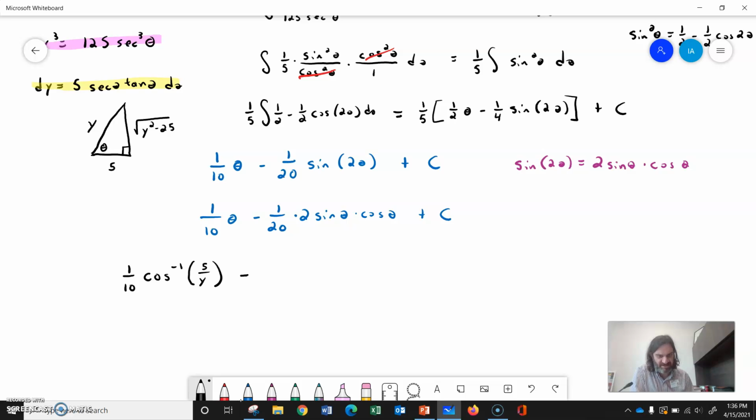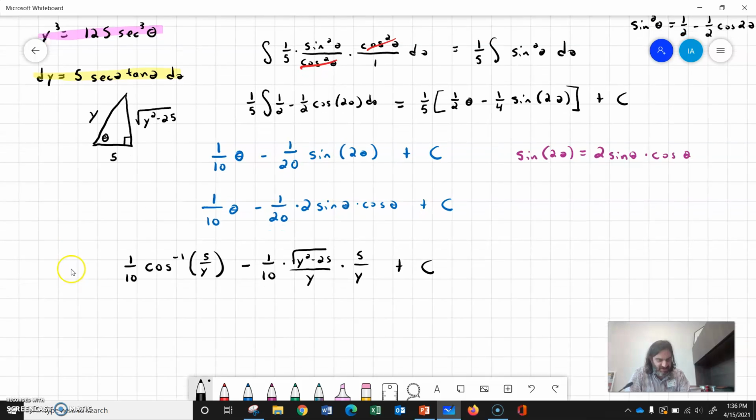And then we'll have minus, and we've got 1/20 times 2, so that'll be another 1/10. Sine of theta is opposite over hypotenuse, so that'll be square root of y squared minus 25 over y, times the cosine of theta, which will be 5/y plus c.